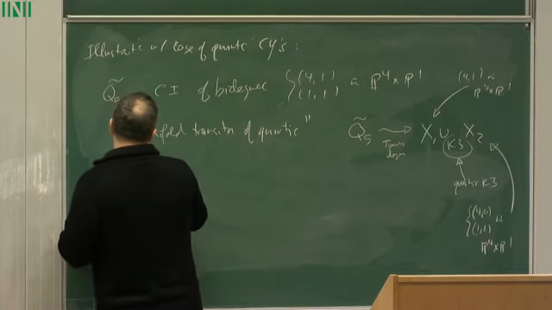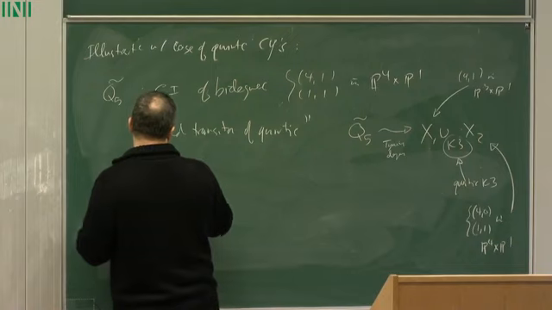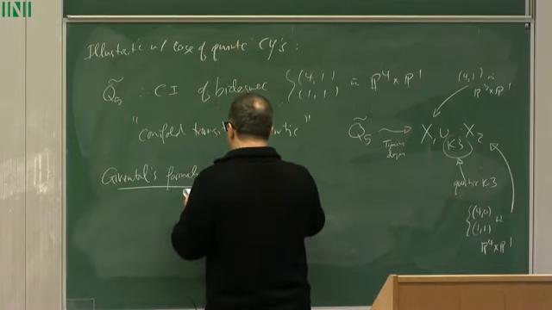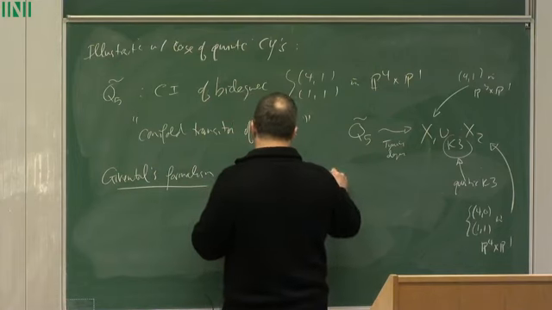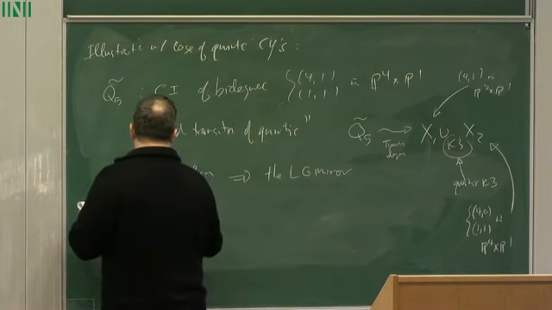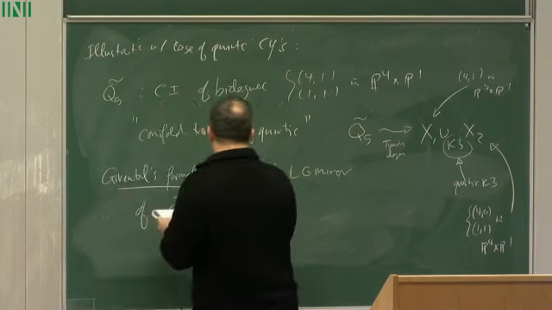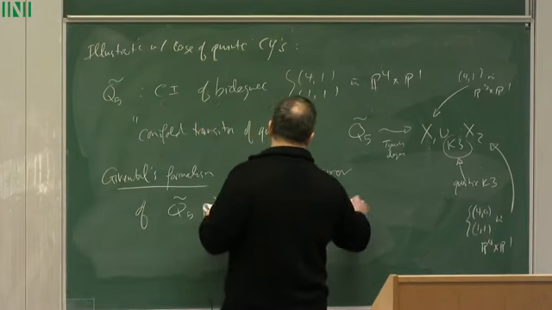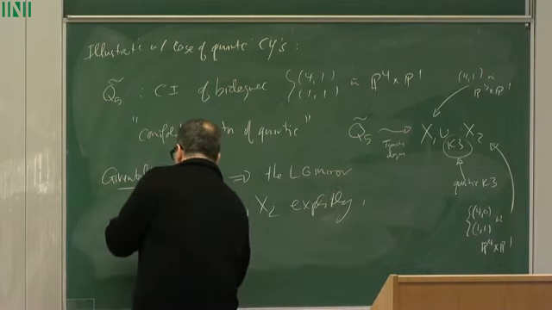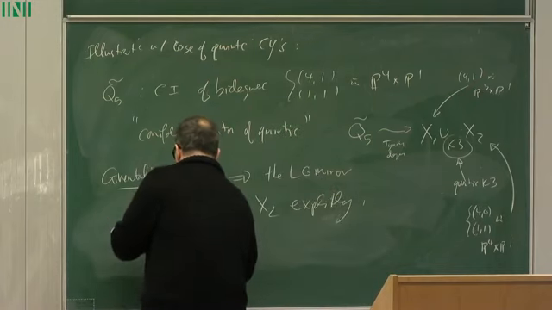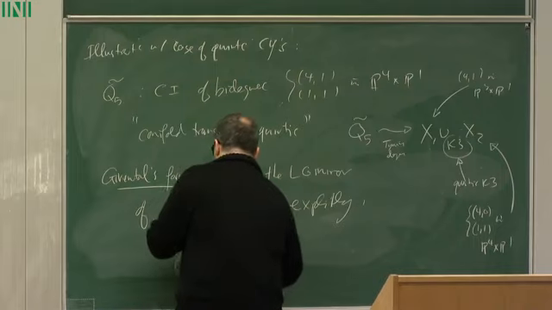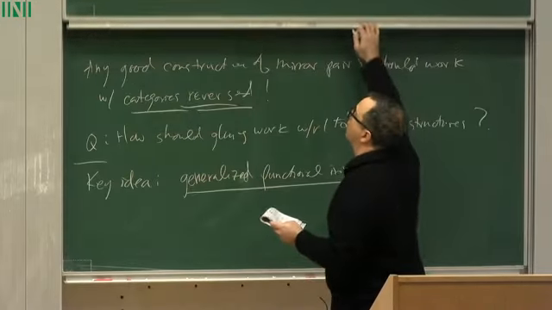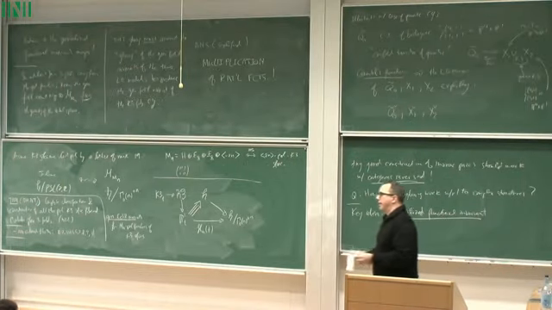So Givental's toric formalism gives us the LG mirror of Q5 tilde, X1 and X2 explicitly. Okay, so we'll give names to the mirrors. We'll call them Q5 tilde check, X1 check, and X2 check.